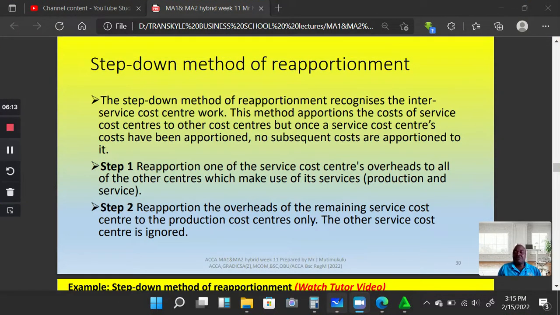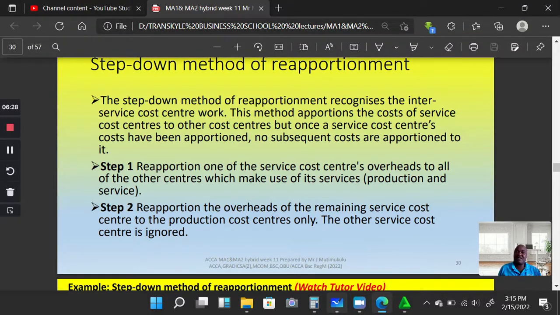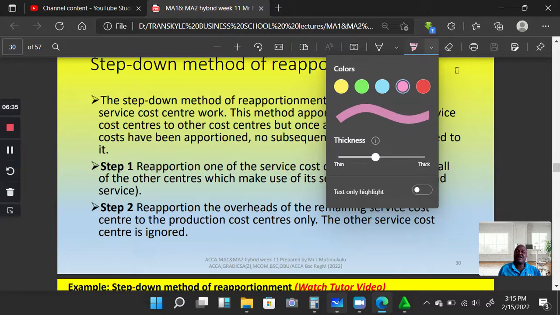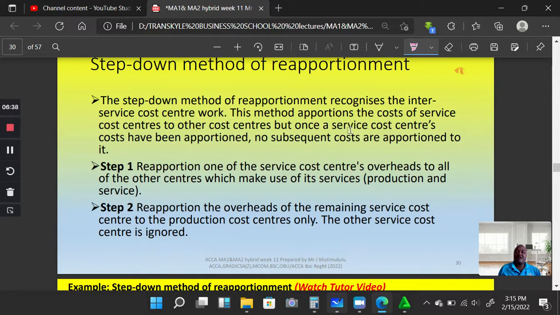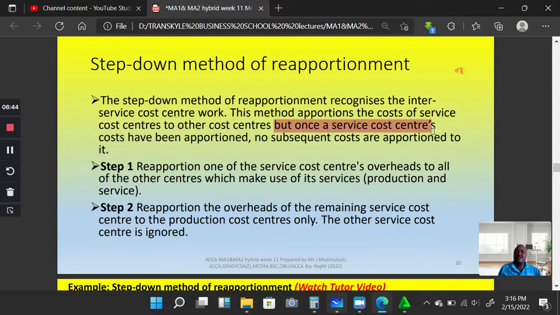With those two steps in mind, please also bear in mind that the step down method of reapportionment apportions the cost of service cost centers to other cost centers, but I just want to highlight this as an emphasis: once a service cost center's costs have been apportioned, no subsequent costs are apportioned to it.